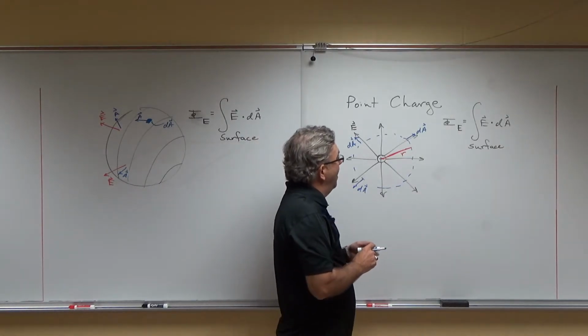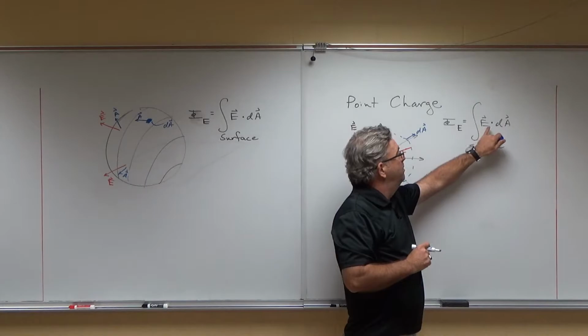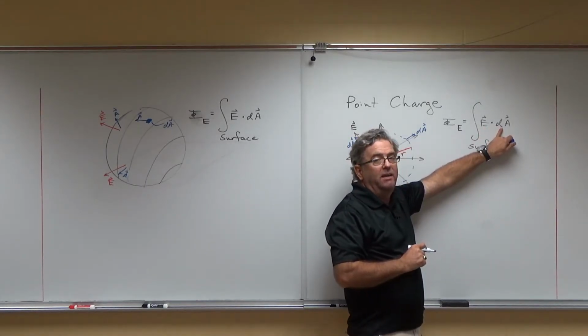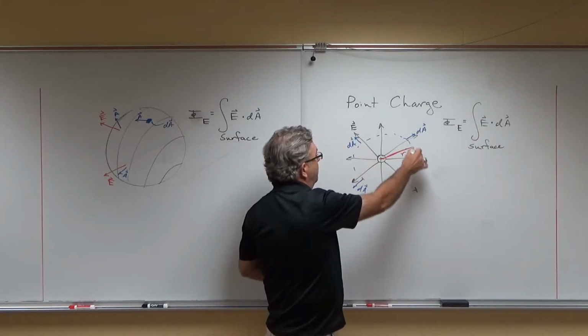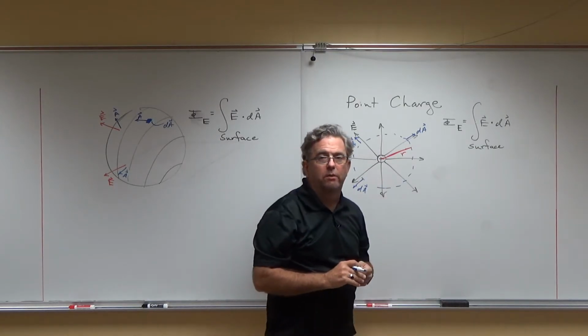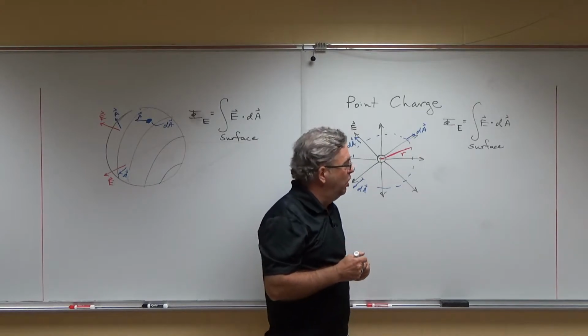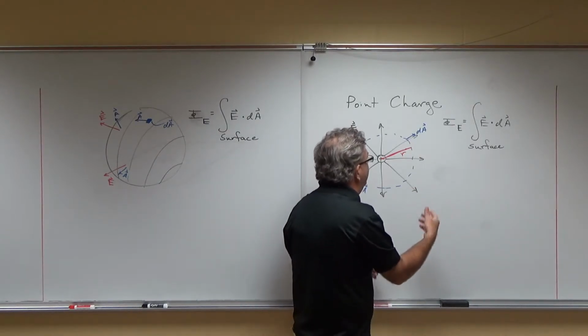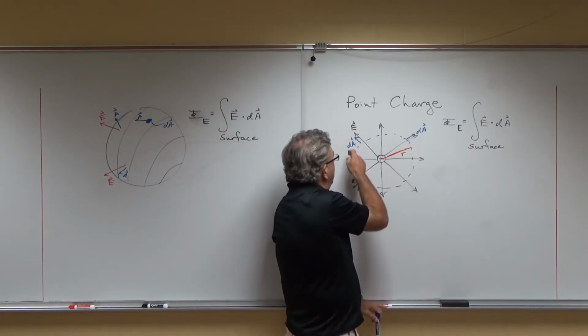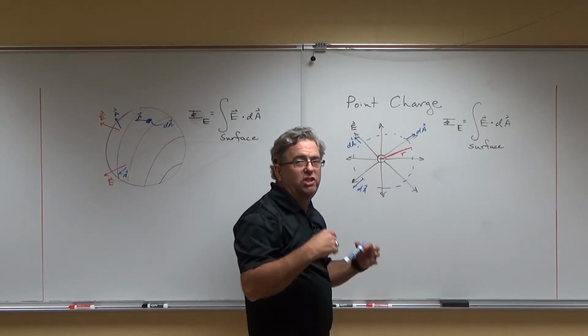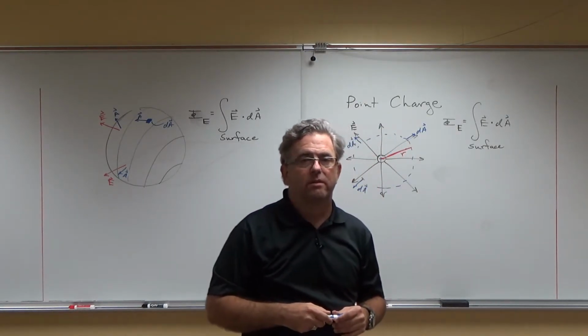So I claim that the angle between E and dA over the entire surface of the sphere is equal to 0 everywhere, because I'm adding up this E dot dA all over the surface. I'm summing up all the flux.